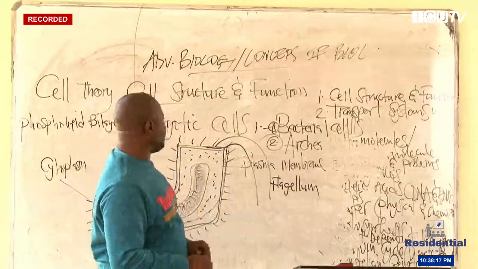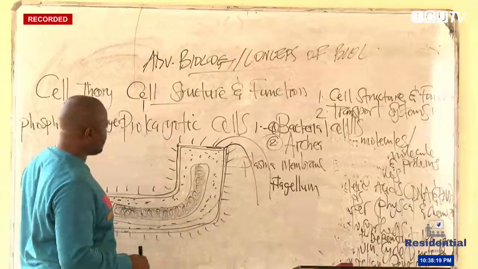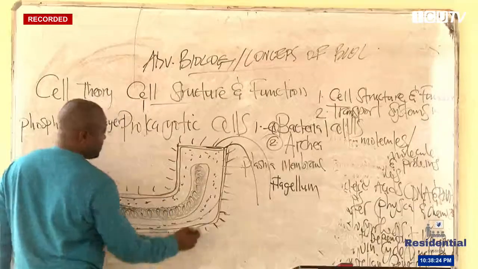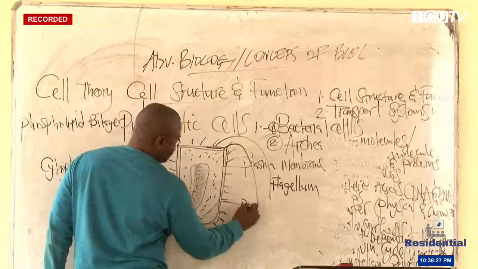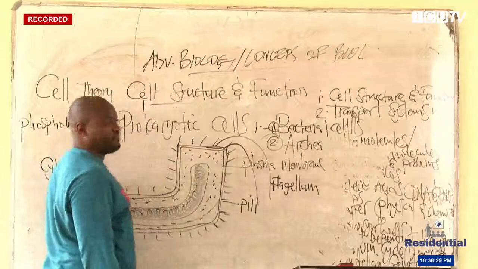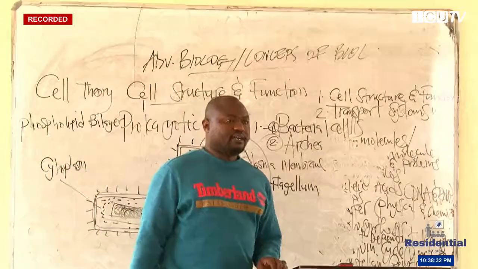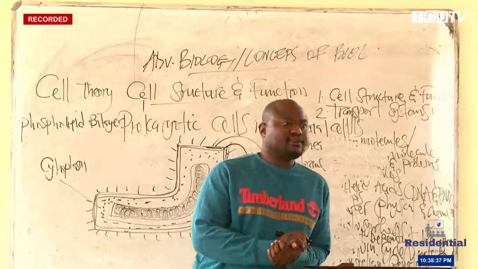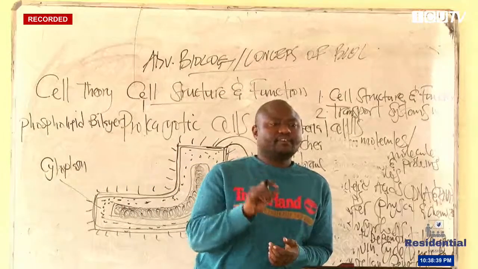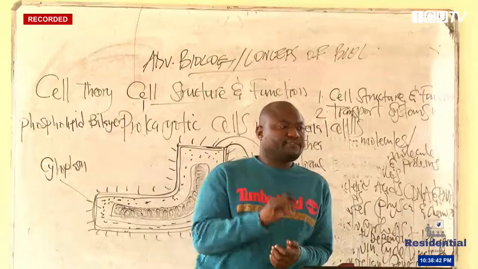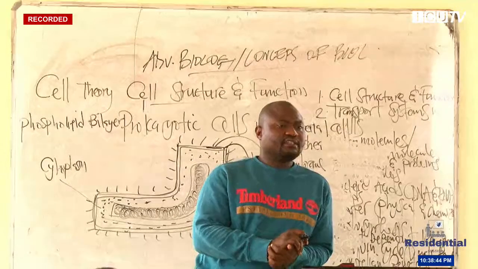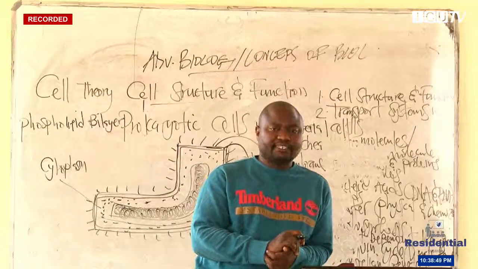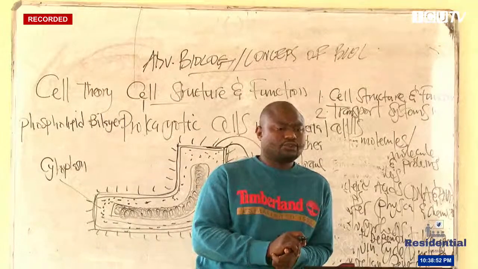Okay, what other function or cell organelle do we know? You've seen these hair-like structures that I was drawing. These are referred to as the pili. These pili are hair-like structures, and they have a specific function in reproduction, in a special kind of reproduction referred to as conjugation.